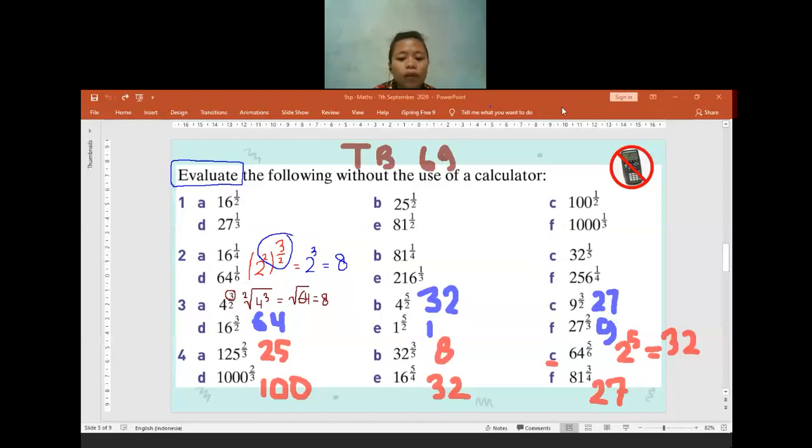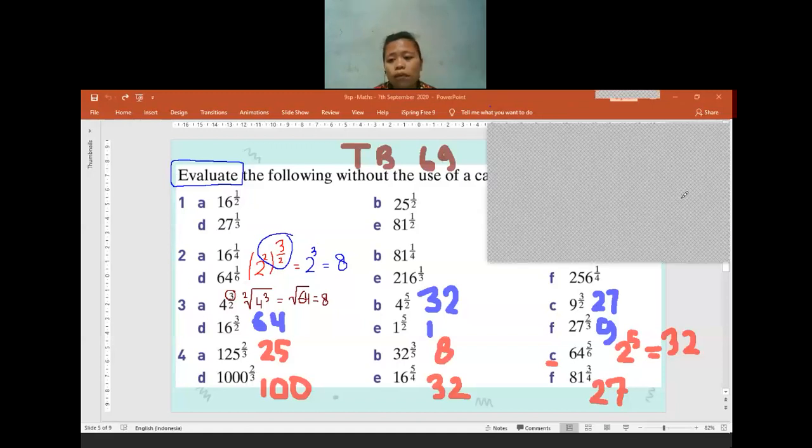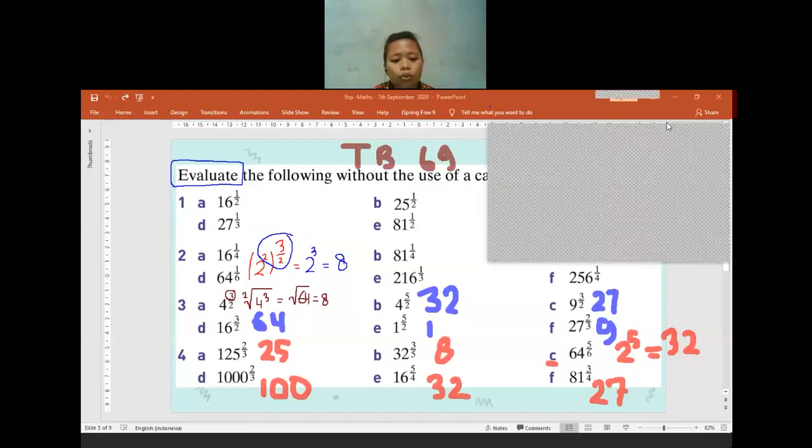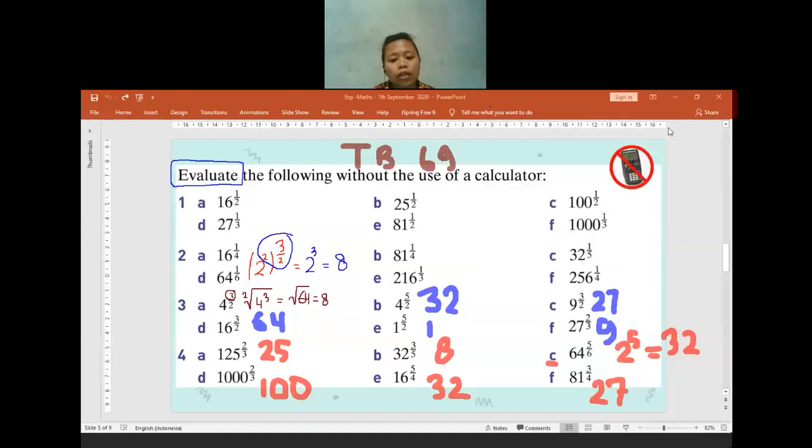But is there anyone having any questions before I move to algebraic fractional indices? Is there anyone who is confused about these fractional indices? Is there anyone who needs more explanation? No? Okay, if none of you are asking me any questions, I will assume all of you already understand how to solve fractional indices using a calculator.